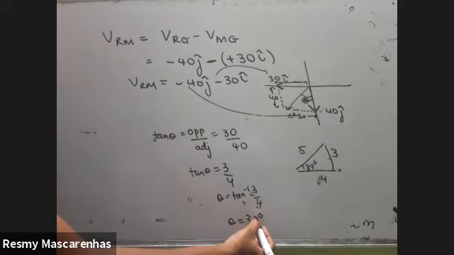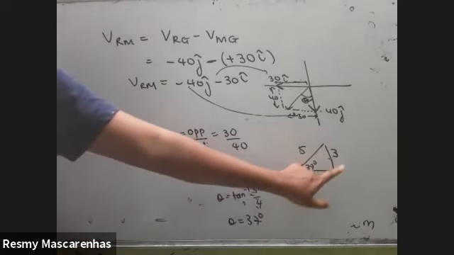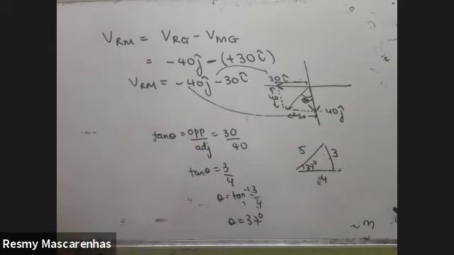Otherwise you can calculate the normal way. They'll mostly give the standard angles only, which we already know how to calculate. These are fixed triangles. Whenever this is 3, this is 4, this is 5, the angle is always 37.